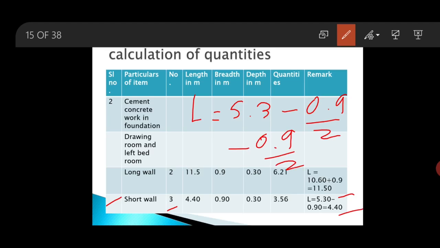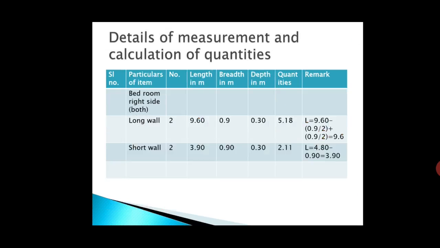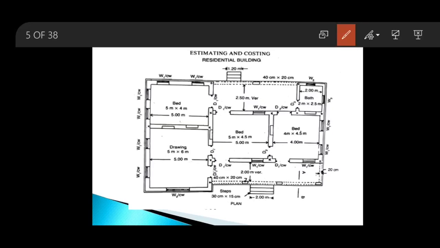So this will be 4.40, width is 0.9, thickness is 0.3. By multiplying these three, we get the quantity along short wall as 3.56 cubic meter. Then the next part is the second part.